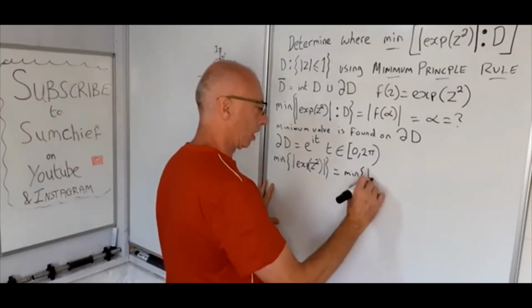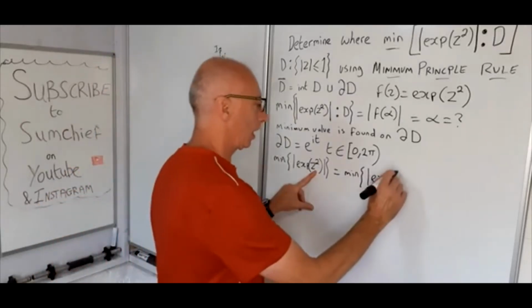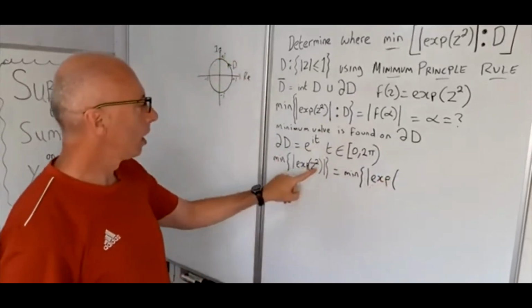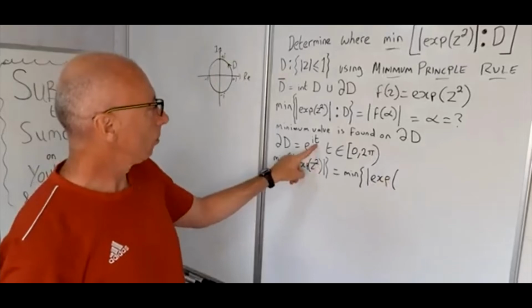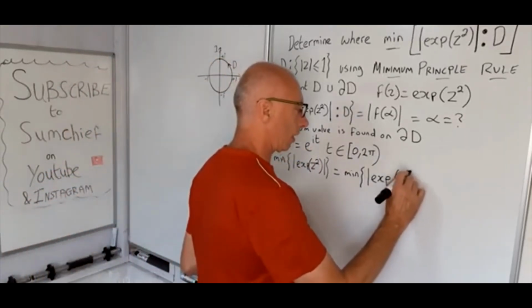So it's the minimum of the exponential, and now we're going to write this one in here. So it's e to the i t, but we want it squared. So if we square this, we're just going to put a 2 in there. So e to the i 2t.